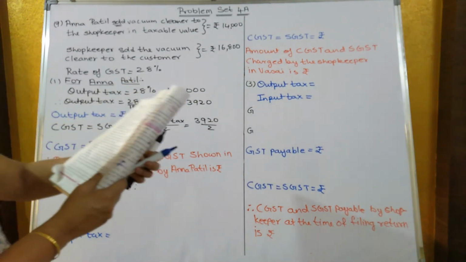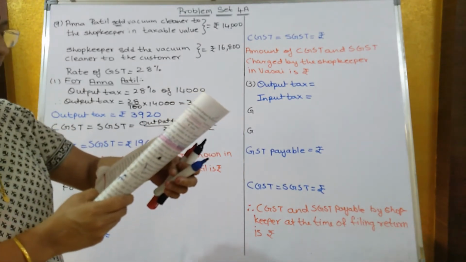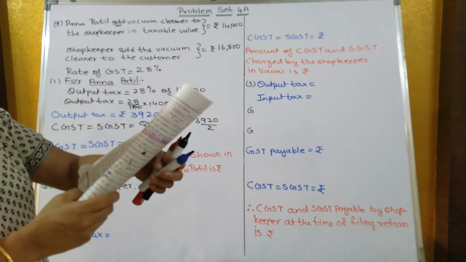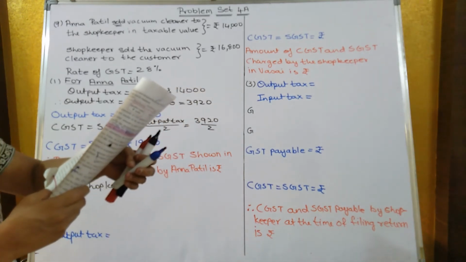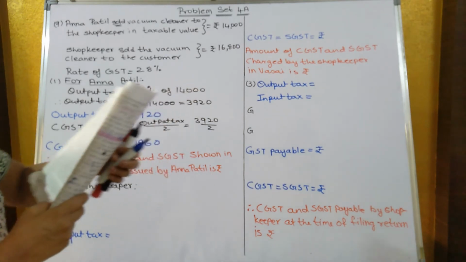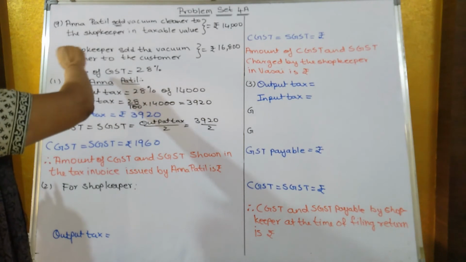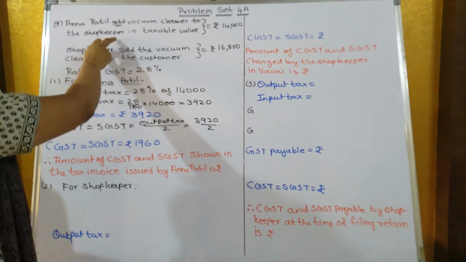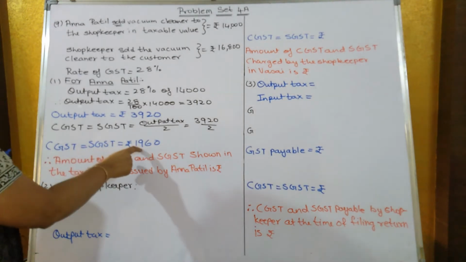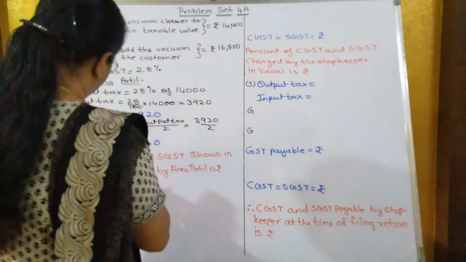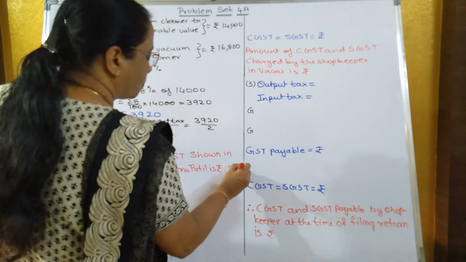So the first question was that only. Find the amount of CGST and SGST shown in the tax invoice. What is the meaning of tax invoice? Tax invoice is the bill issued by Anna Patil. So what will be the tax invoice showed? CGST and SGST in the tax invoice shown, which is issued by the Anna Patil. So that is equal to rupees 1,960.